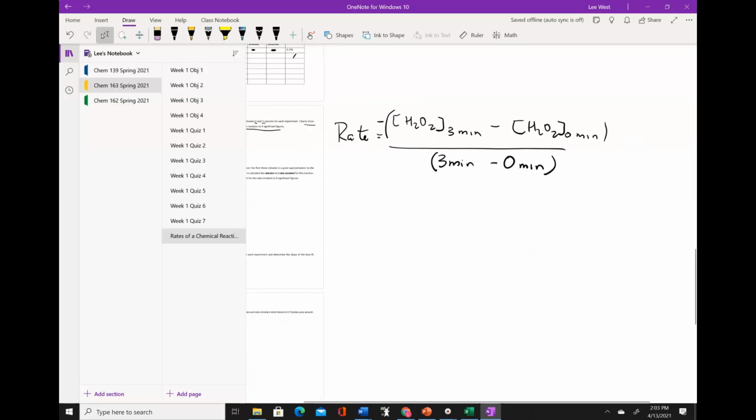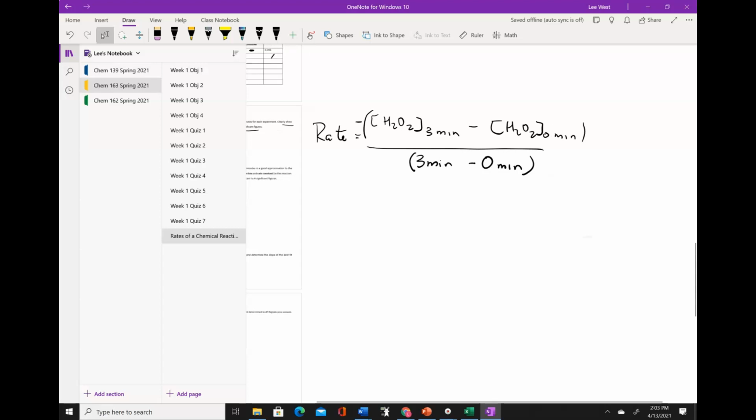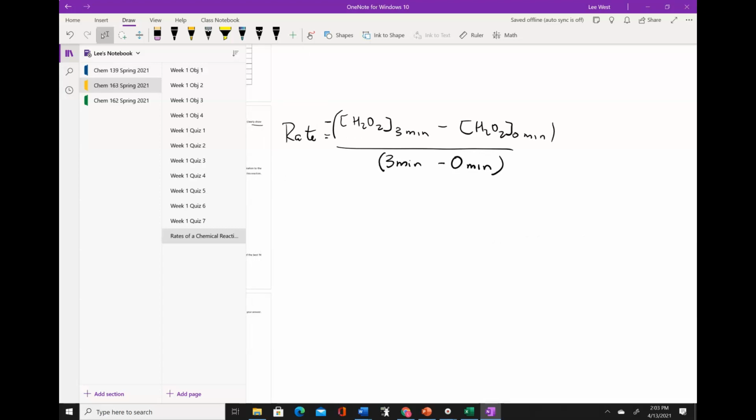Now we're going to do that for both of our reactions. And we would expect the one with the higher concentration of hydrogen peroxide to be undergoing a more rapid reaction and to have a greater rate. So you do that for both of your concentrations, and then the units here are going to be molarity per minute.